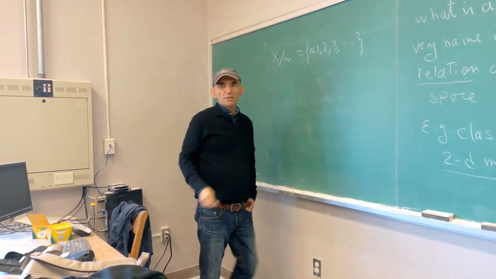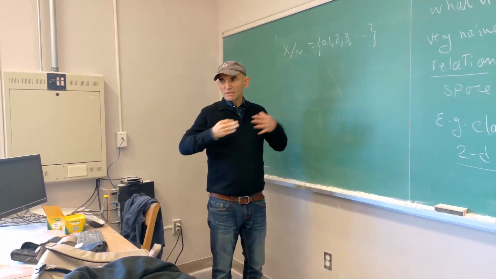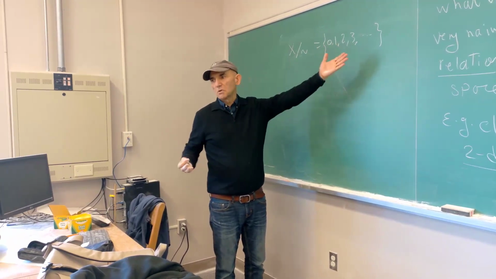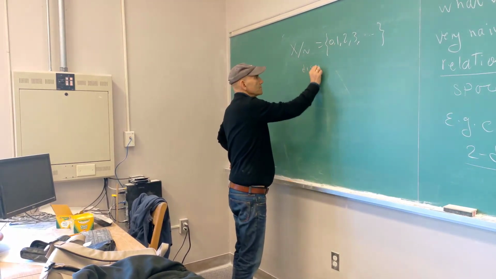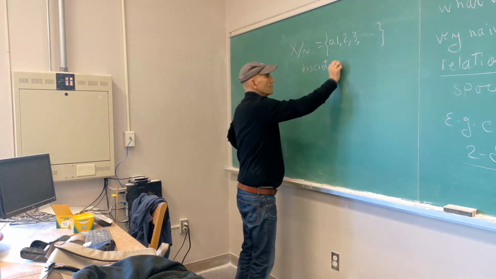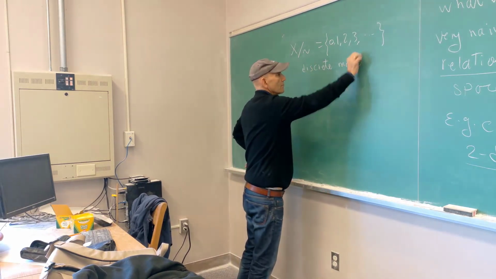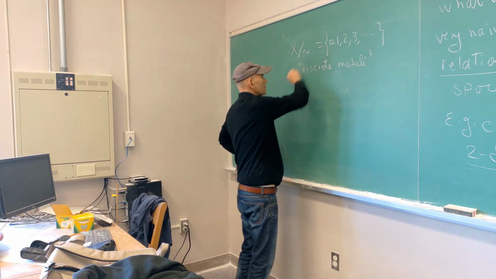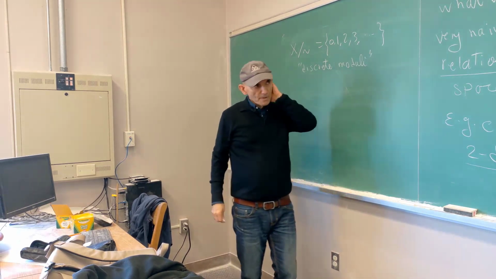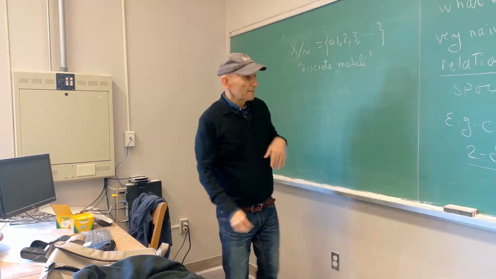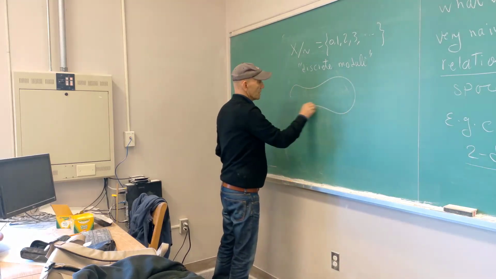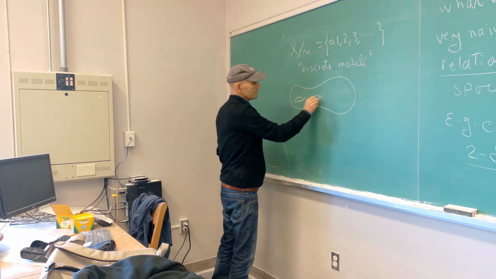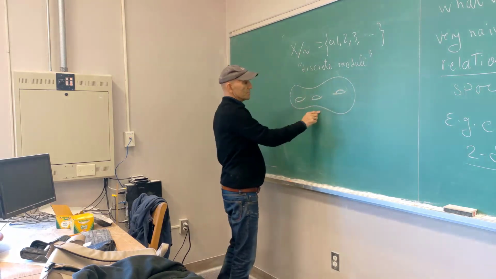So in this case, we say the moduli is discrete. It's a discrete moduli. It is denoted by genus g.